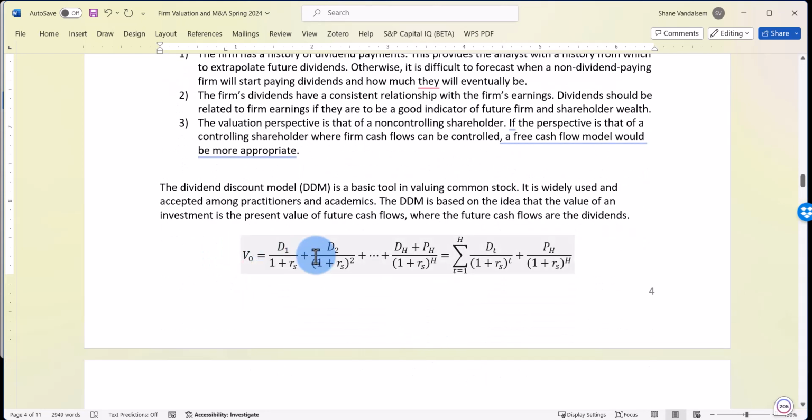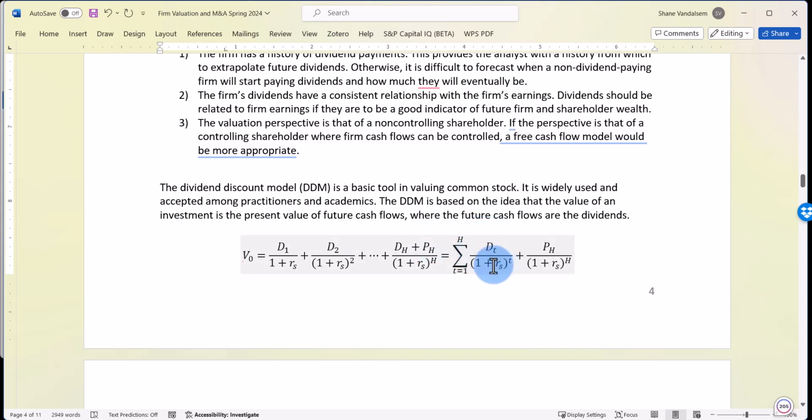We're going to work through this in Excel. This equation is useful though. So it says the value of the stock today is equal to the future dividends. And you see here we have P. So this is the price or the value at the horizon period. And I'll explain what that is.